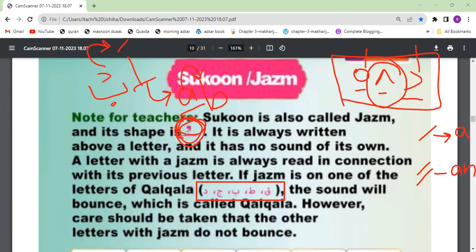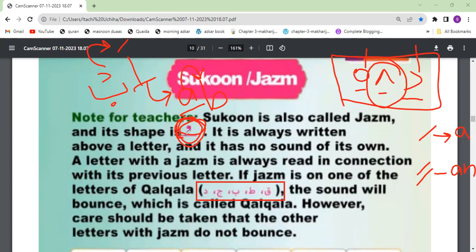So if you ever see any of these three signs, just understand that it is one of the shapes of the sukoon. And to pronounce that letter, what you have to do is join it with the previous letter. Okay? This was all about the sign or the haraka and how we are going to pronounce it. Let's talk about the rulings in it.